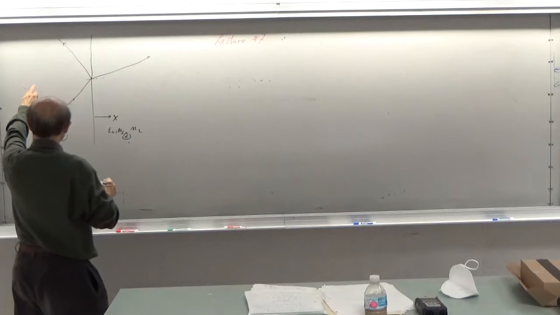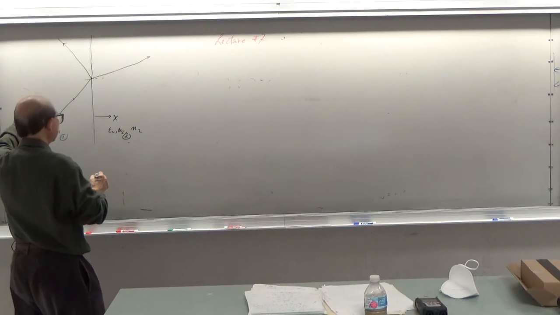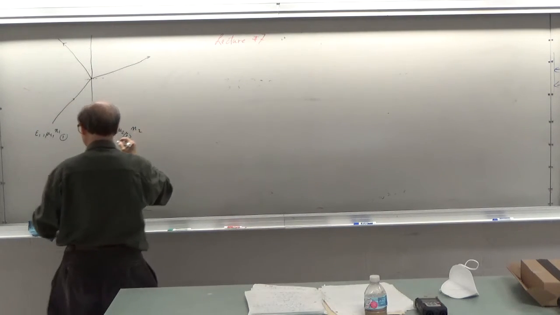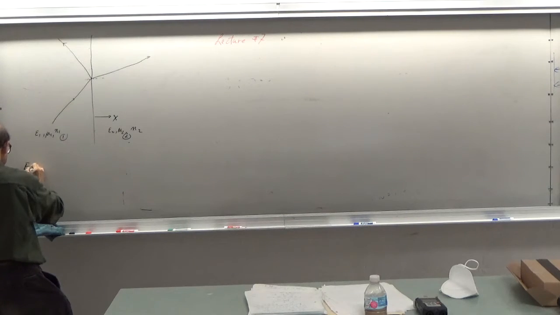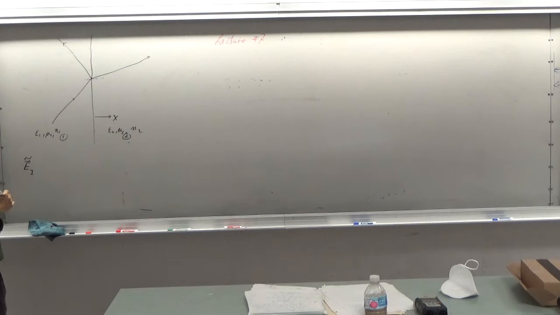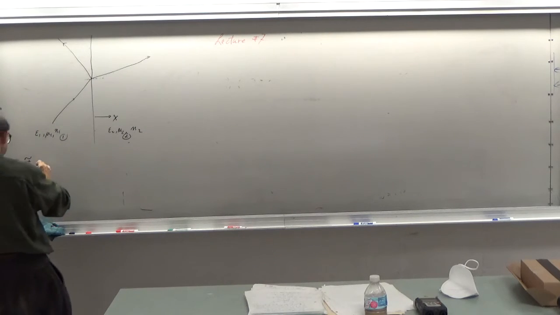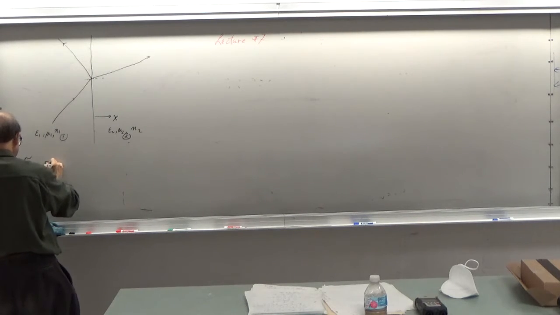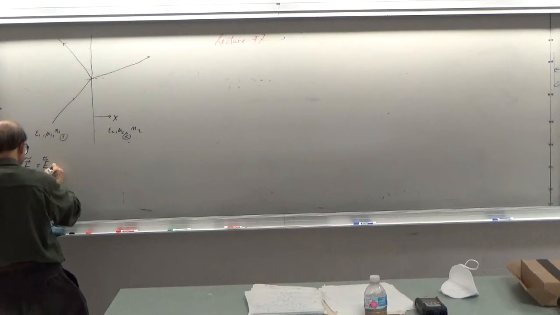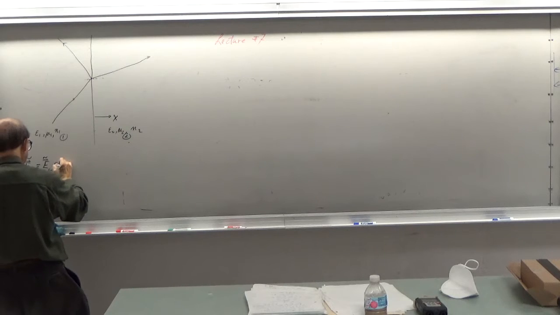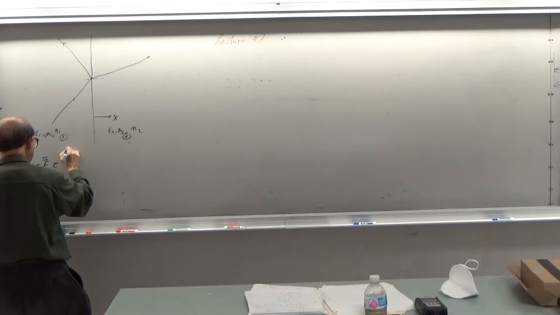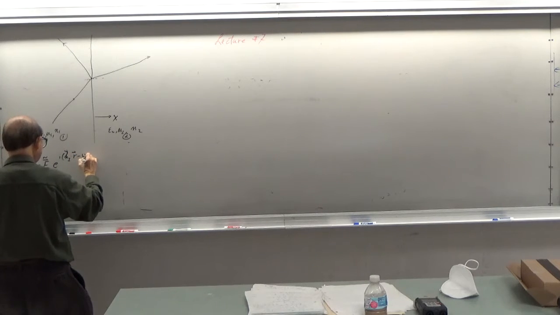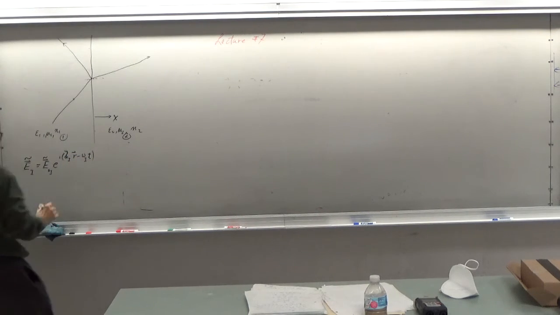And so, for the incoming beam, we have the electric field E_I, a vector, complexified, that is equal to its complex amplitude times, for the incident beam, e to the i k_I dot r minus omega_I times time.